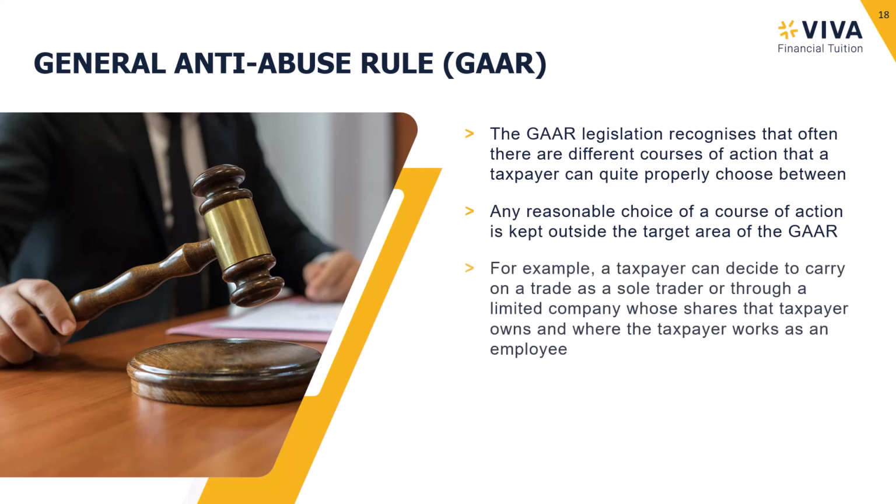So, for example, if an individual wanted to start a trade, they could choose to do so by operating as a sole trader, as an individual themselves, or they could set up a company, own the shares in that company, and then choose to operate the trade through the company. Both of those are legitimate courses of action, and as such, that choice would be completely outside of the target area of the general anti-abuse rule.